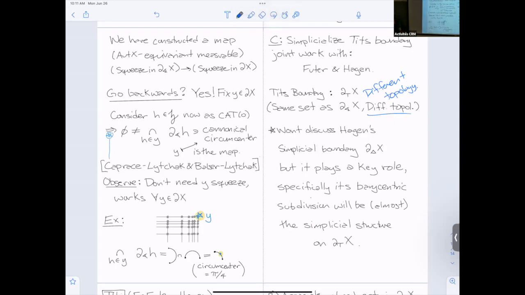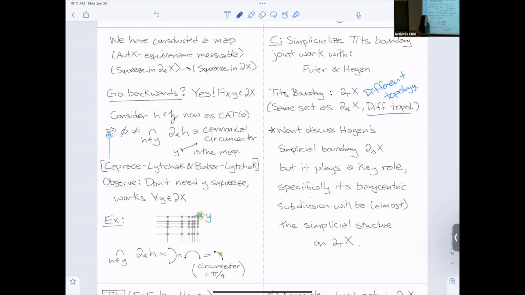And so Mark introduced a boundary called the simplicial boundary. I'm going to sweep its role under the rug here, but the way that we're going to simplicialize the Tits boundary is very much related to the simplicial structure on that simplicial boundary.